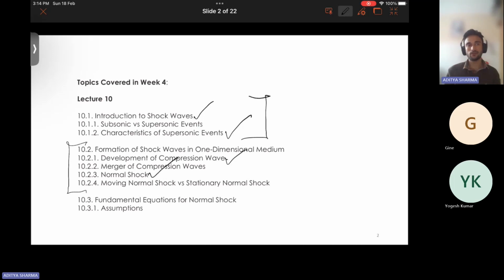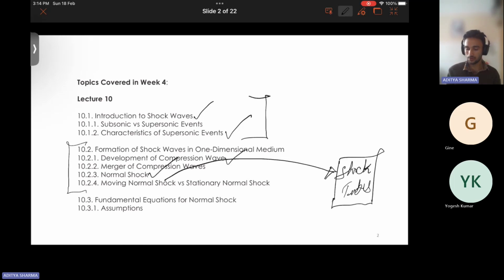So if we want to simulate a moving normal shock, then one good example is shock tubes. All right. So for this case, shock tubes. I personally work on shock tubes. Okay. So this is the case of moving normal shock.